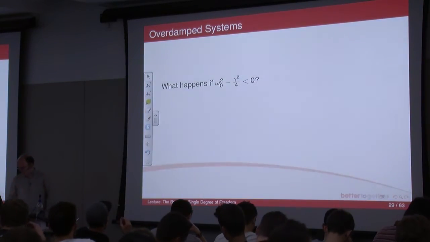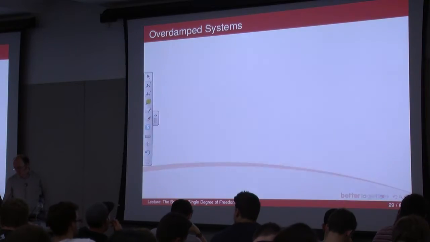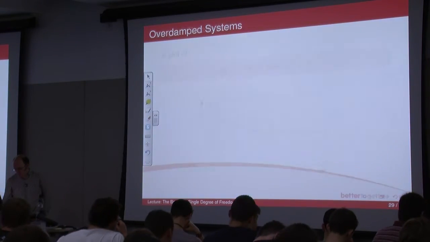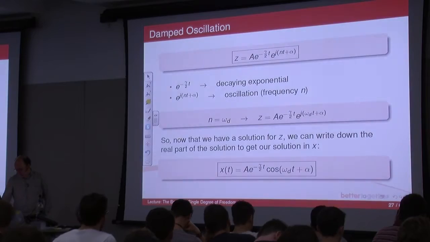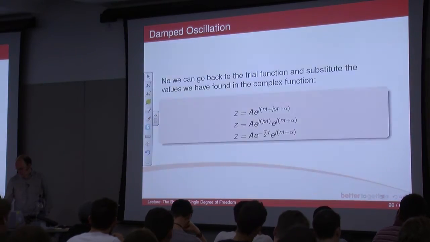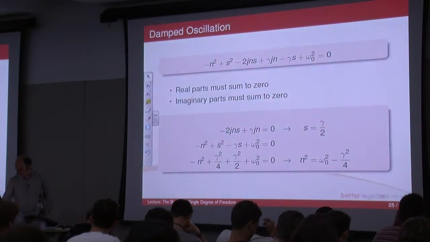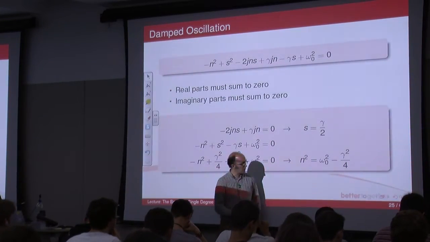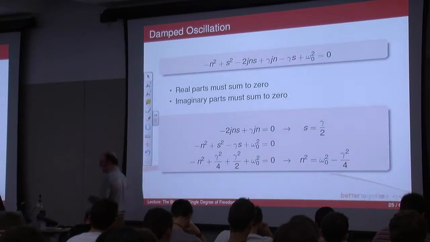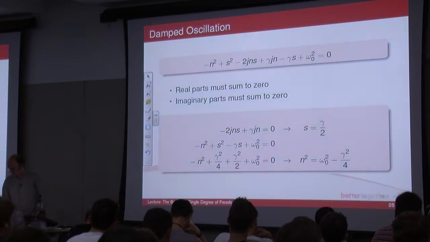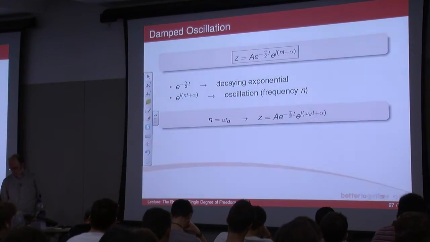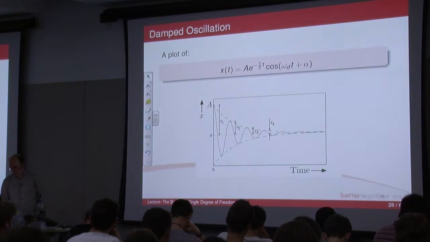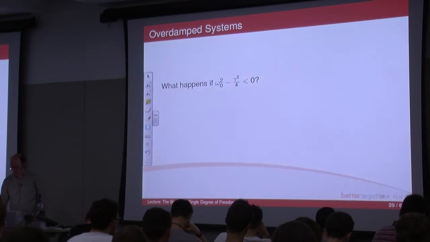So, the overdamped system. If you remember, N is the square root of omega naught squared minus gamma squared upon 4. Obviously, you take the square root of that and you end up with omega naught minus gamma upon 2. And N we saw was equal to omega d.